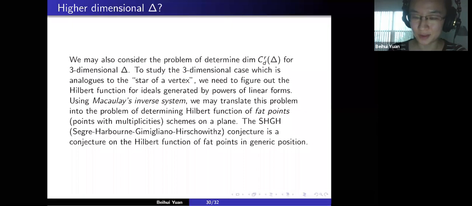So if you can solve the problem of a 3-dimensional delta on the spline side, that means you just solve this conjecture, okay? You will get a result also on this side. So that means higher dimensional delta, even just for 3-dimensional delta, is very difficult.